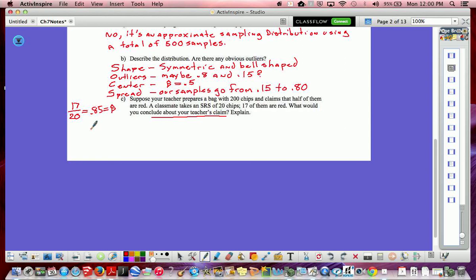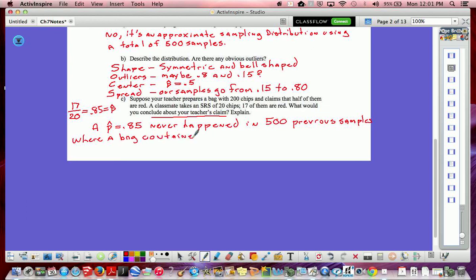A p hat, a sample proportion, equaling 0.85 never happened in 500 previous samples where a bag contained 100 red and 100 blue chips.